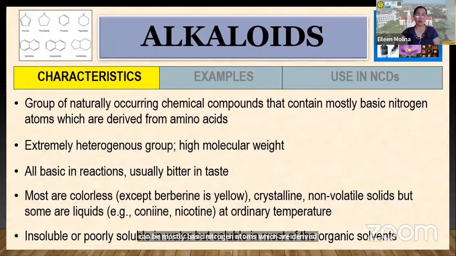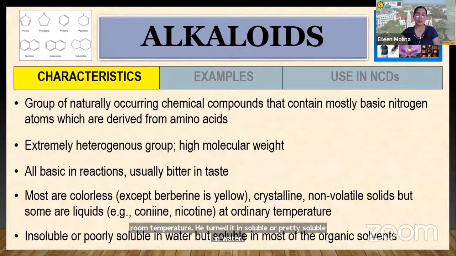They are all basic in reaction, usually bitter in taste. Most are colorless, except that of berberine, which is yellow. They are crystalline non-volatile solids, but some are liquids at ordinary room temperature. Generally insoluble or poorly soluble in water, but soluble in most of the organic solvents.